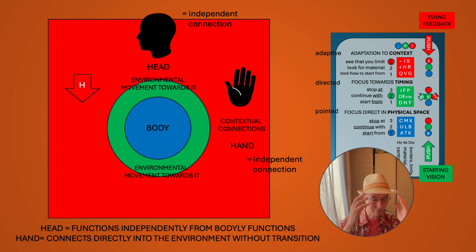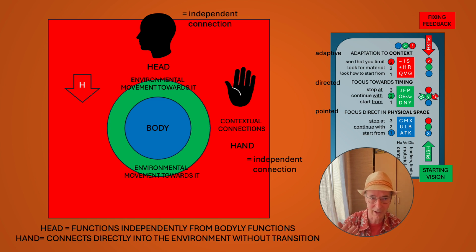The head itself is detached even from all its bodily functions and thinks almost separately. It's thinking about the environment. It's putting its mindset somewhere else. That's why you have that the body and the mind there. The mind in the head is separated from it. It's contextual.